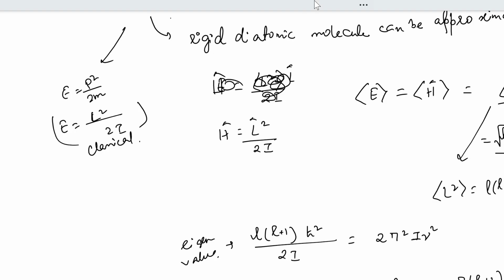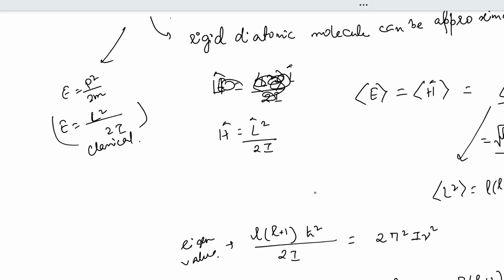Sorry, initially they are all powered in squared form. So we are having L square by twice I in the quantum mechanical eigenvalue form.